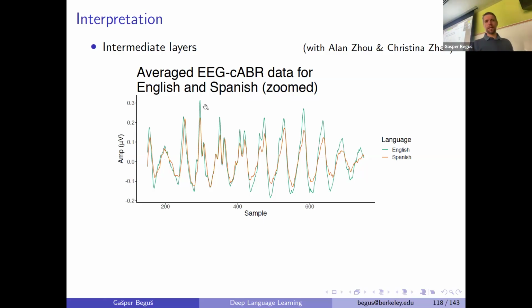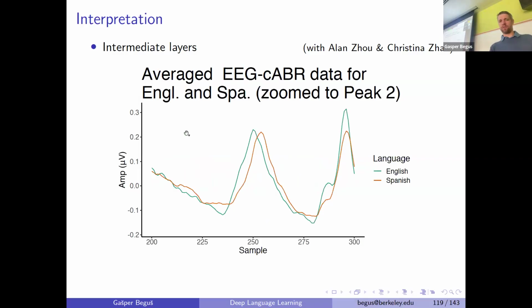You see that all peaks are aligned between Spanish and English, except for this first peak, where Spanish speakers hear the first period of the ba syllable, no pre-voicing, a short VOT plus 10 milliseconds, slightly later than English speakers, right?